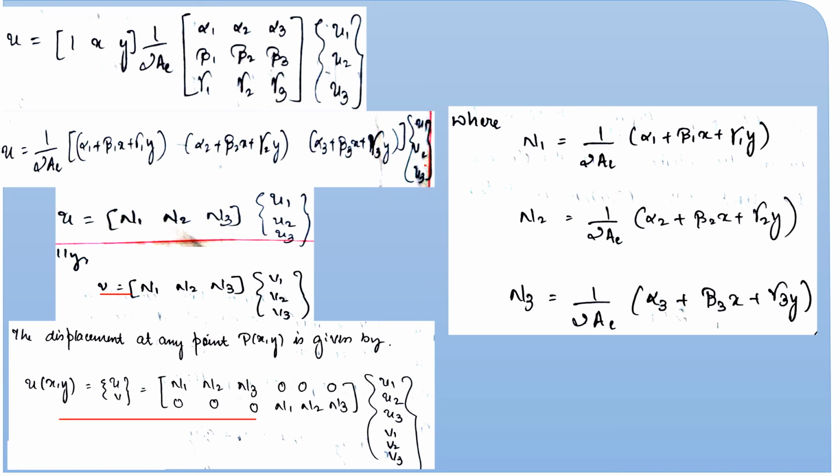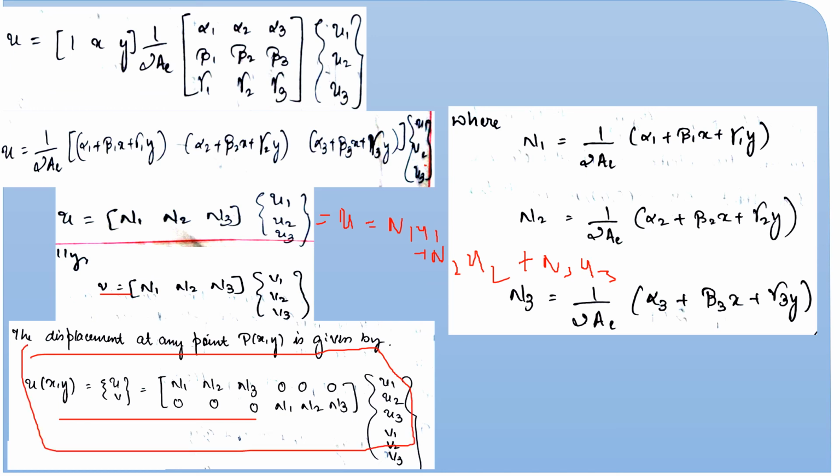So if you multiply back U, V with N1, N2, N3, you will get these equations. U will be equal to N1 u1 plus N2 u2 plus N3 u3. If you write it in matrix form, both combined, this is the expression.